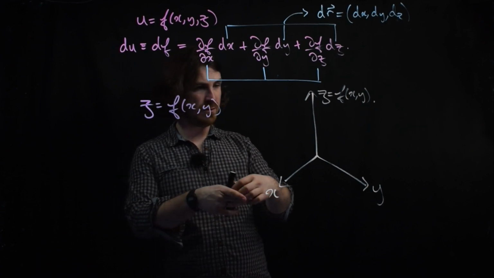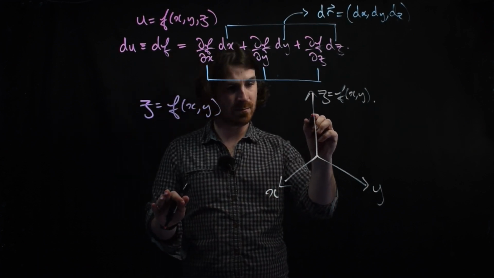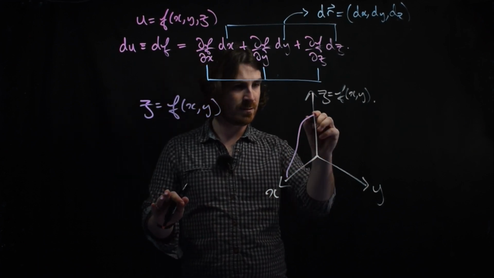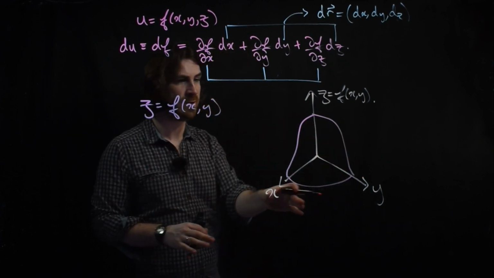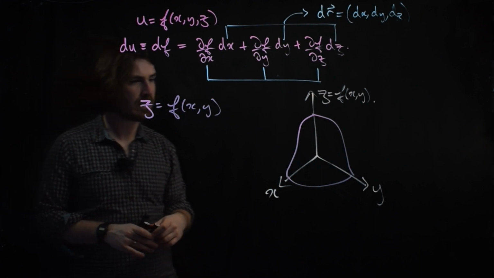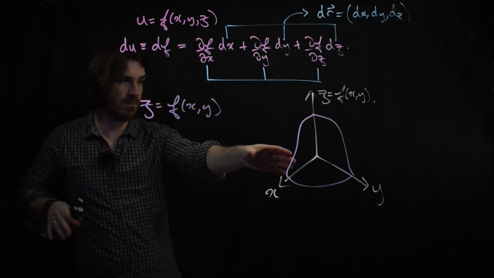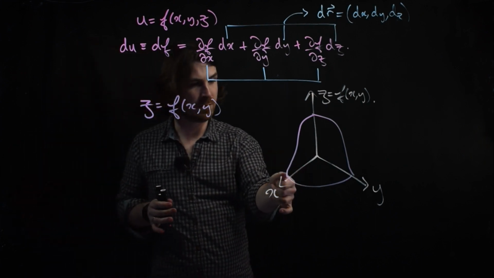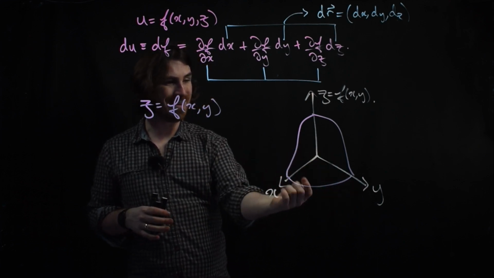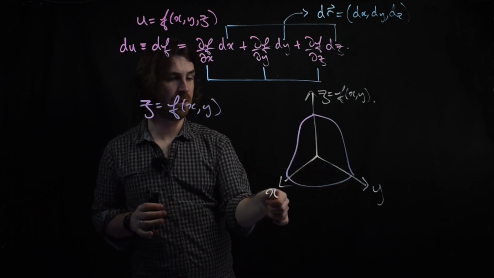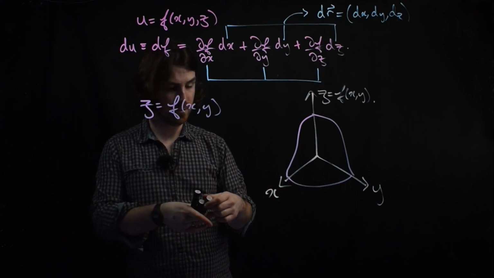And maybe the surface looks like this, in 3 dimensions. Maybe we're thinking about the shape of a mountain. So the x and y are just coordinates and z is the height of the mountain at any xy coordinate.